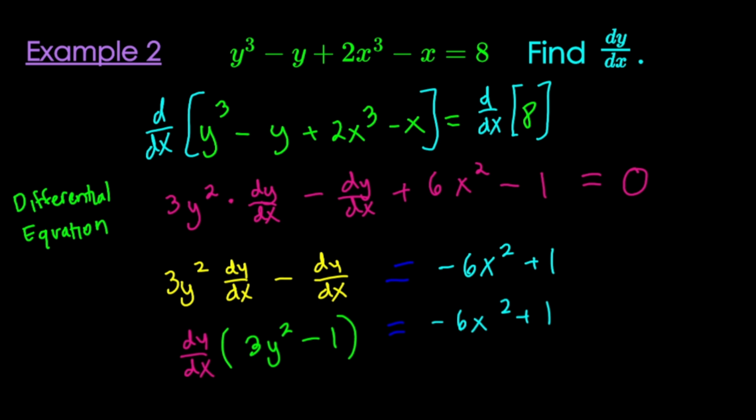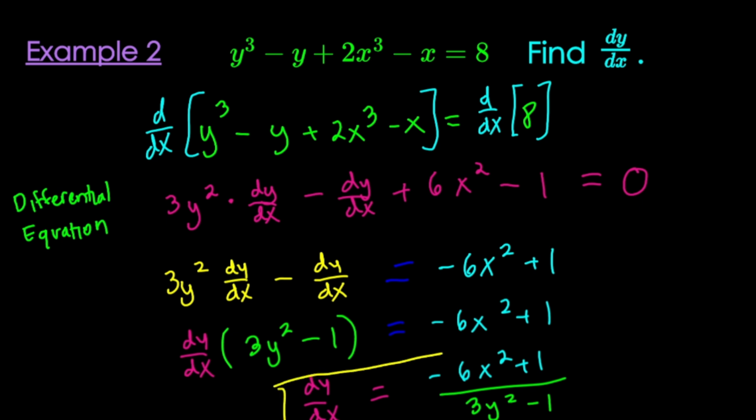And the final step to isolate dy dx is to divide both sides by the quantity that it's being multiplied by, which is 3y squared minus 1. So we'll have negative 6x squared plus 1, and we'll divide by 3y squared minus 1. And that's the answer to dy dx.